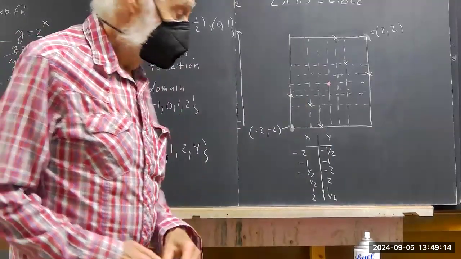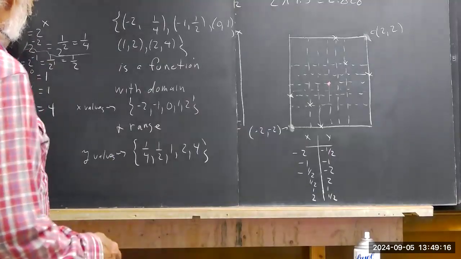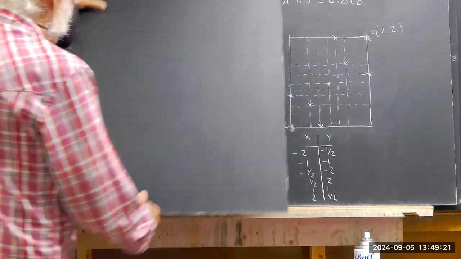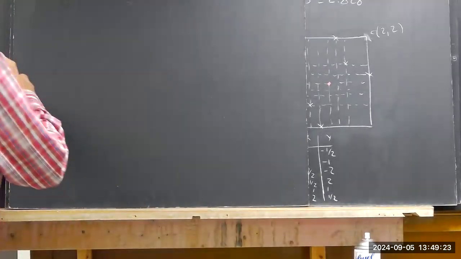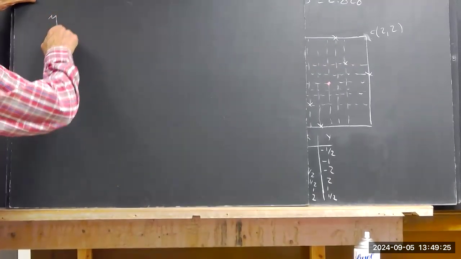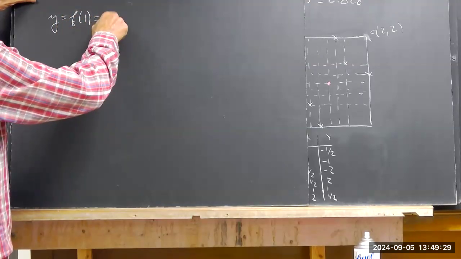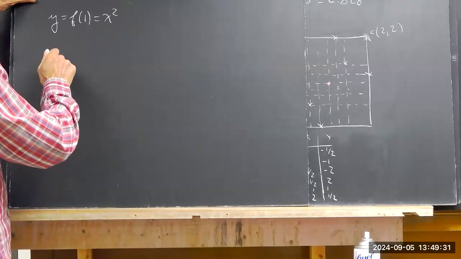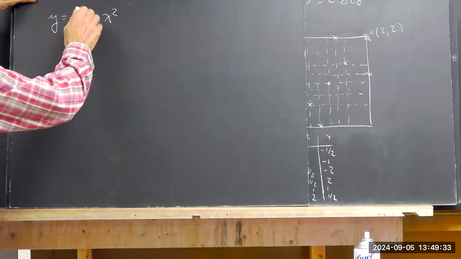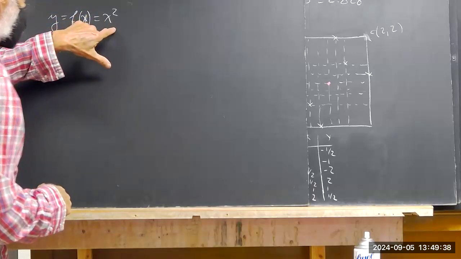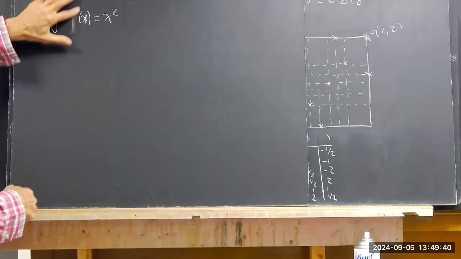Okay. Now, I want to give you a quick look at function notation. F of x equals x squared. I'll make that up.